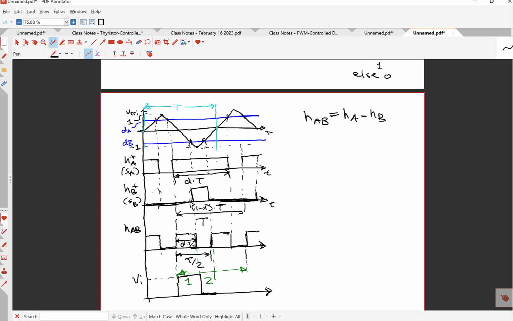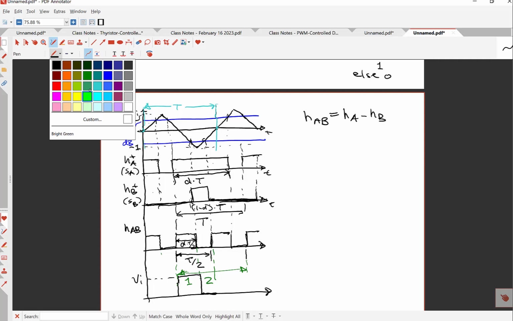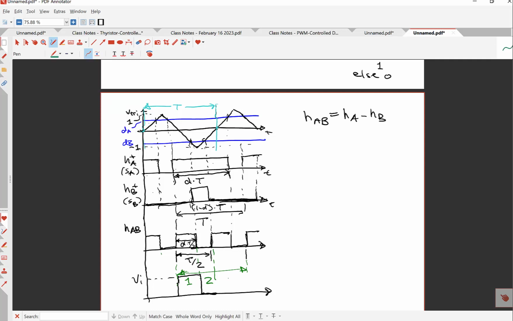Now we're going to go back and look at what's happening. We're going to go back exactly to this state here, so we're going back exactly to the 1 state during this time. And that means that we'll apply VI again. And then we're going to go to a 0 state, but in this case we're at a 0 state because HA is off and HB is off.